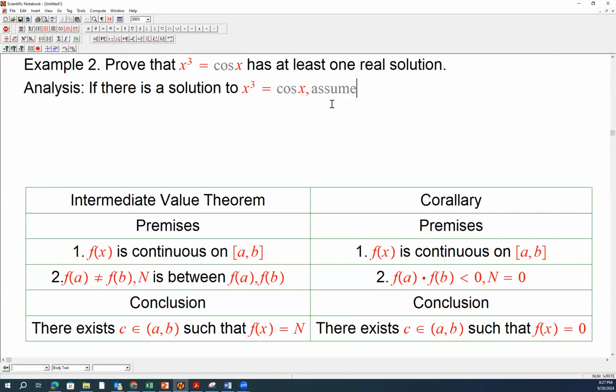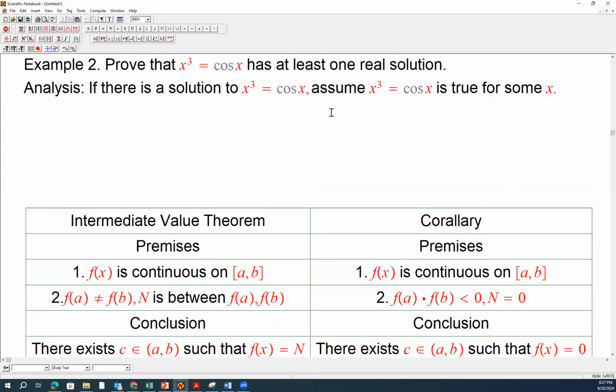So assume it is true for some x. If it is true for some x, then I can subtract x cubed and subtract cosine x and make it equal to 0, because if this is true, then the difference will be 0.